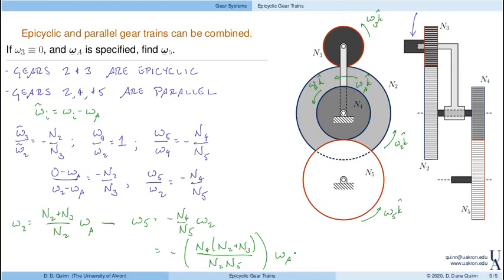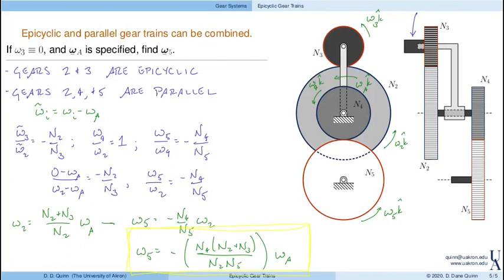So now we've taken a system that has both an epicyclic and a parallel gear train that are working together, and we've solved for the output speed, right? So this is omega 5 in terms of the input speed of the arm.